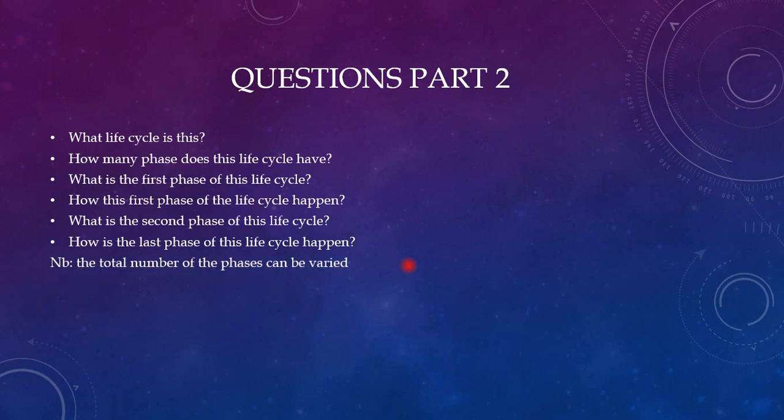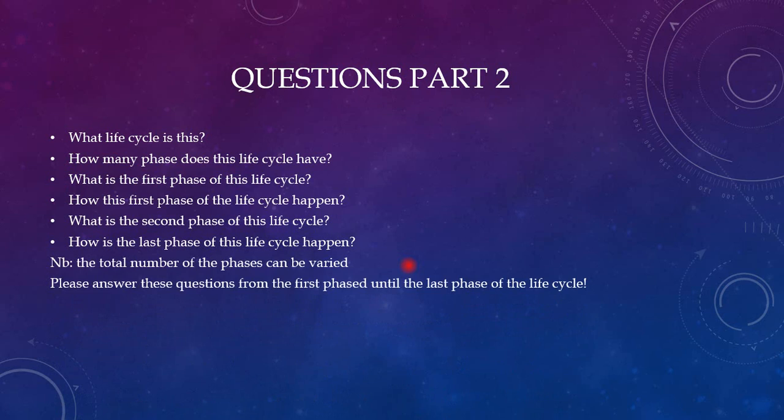The total number of phases can vary. So answer the questions from the first phase until the last phase of the life cycle. Because it can vary, I can't tell you how many phases a life cycle can have.